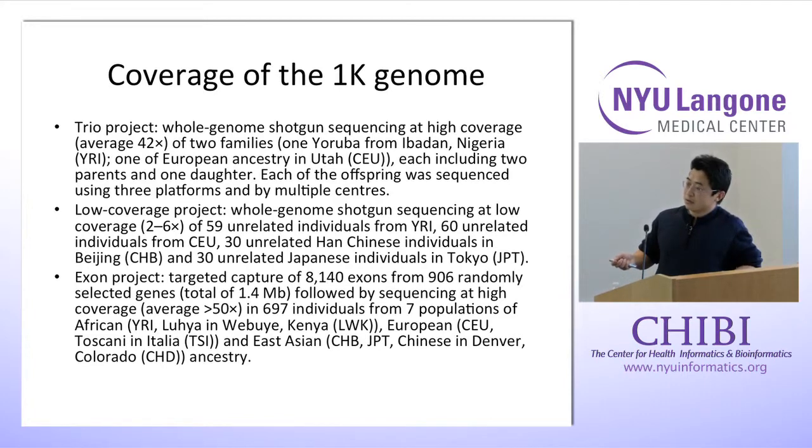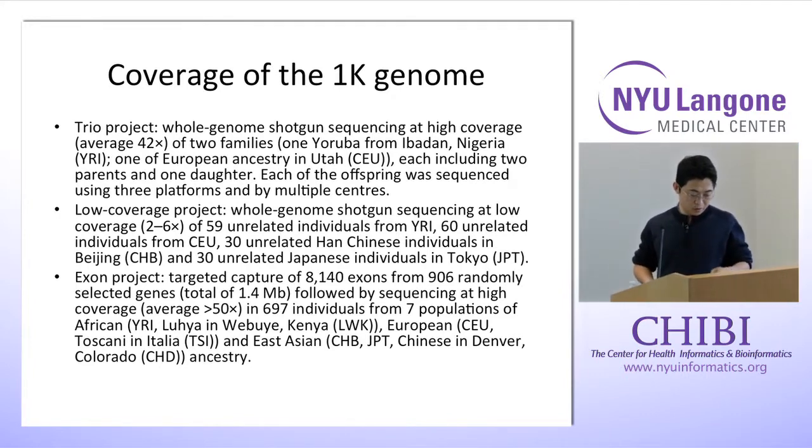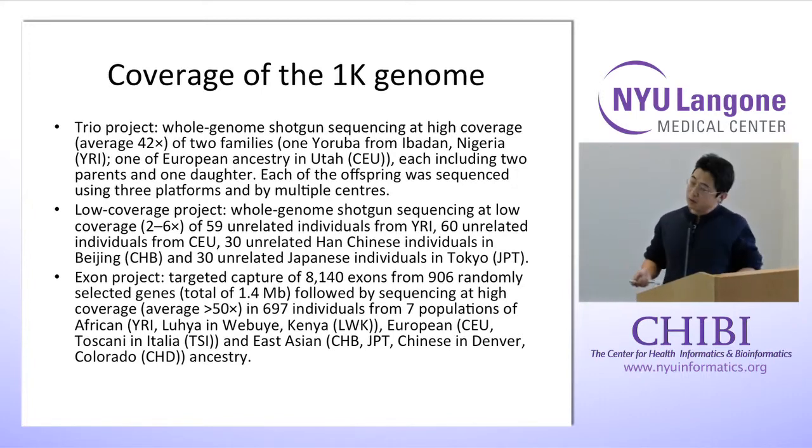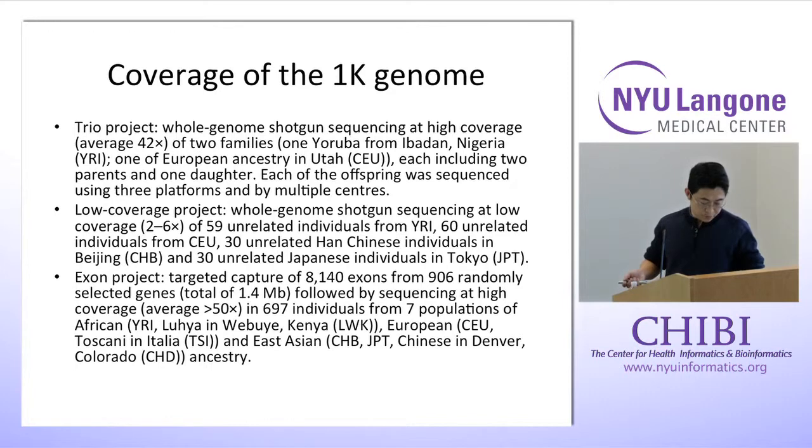The first layer is the trio sequencing. The trio is a whole family, the father, mother, and the child. This sequenced both the parents and the son or daughter, with very deep coverage, like 40x. There's also low coverage whole genome sequencing.